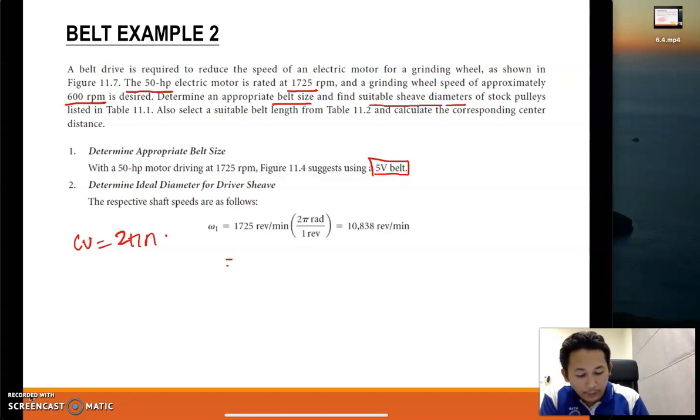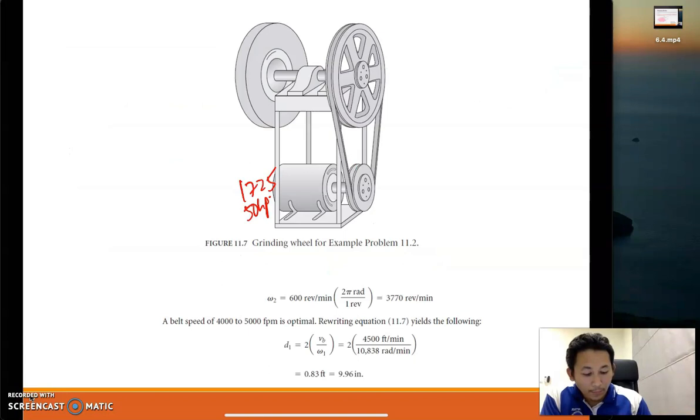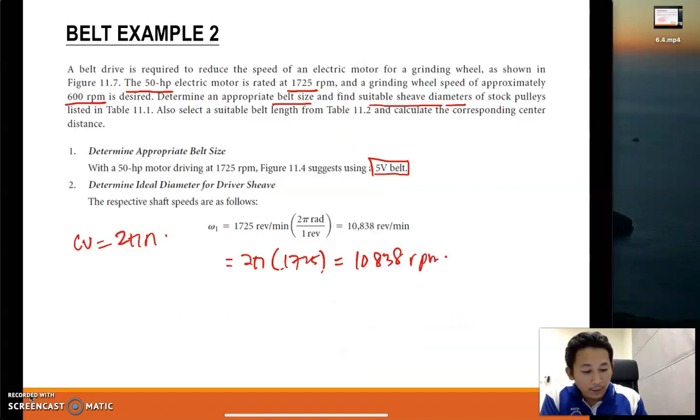Okay, so we have 2 pi times 1725 equals 10,838 RPM. Okay, so that is the speed, and we only need 600 revolutions per minute for the grinding wheel.